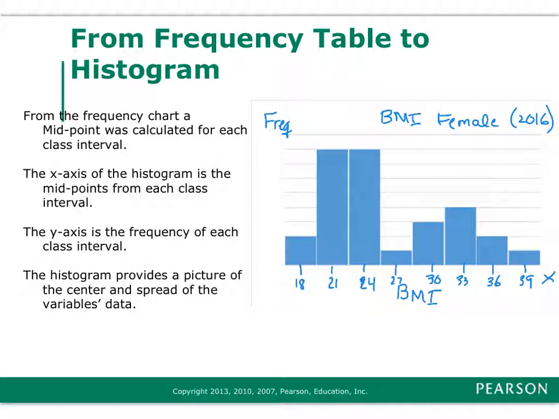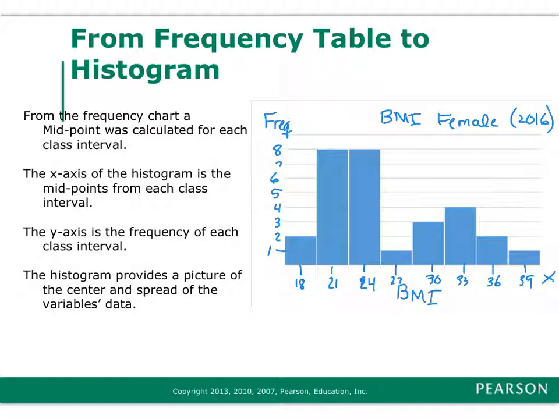And then on the frequency side, remember, this here was 1, this was 2, 3, 4, 5, 6, 7, 8, and then we would want to have 9 up there. So, from our frequency chart, midpoints was calculated for each class.